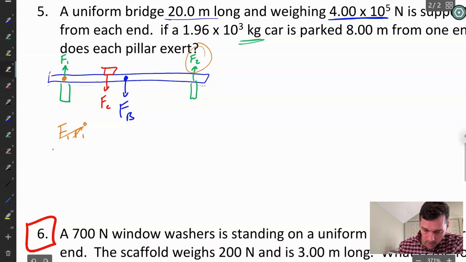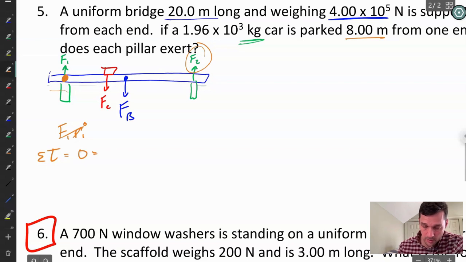So the grand total of the torques, starting from this point in our thought process, is going to be 0, and we've got 3 torques. As measured from this axis right here, we were told that the car is 8 meters in from the end, but the pillar is 3 meters in from the end.